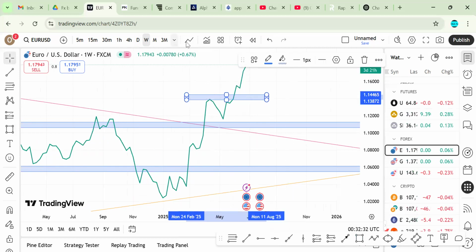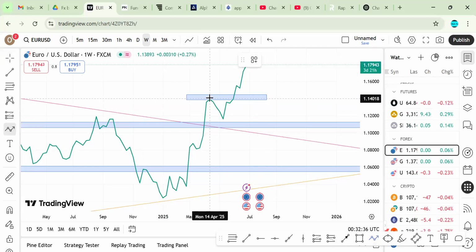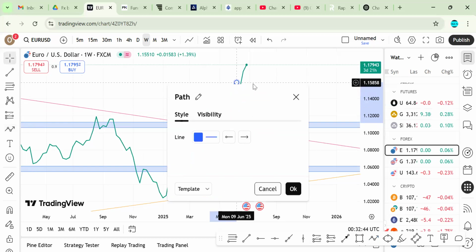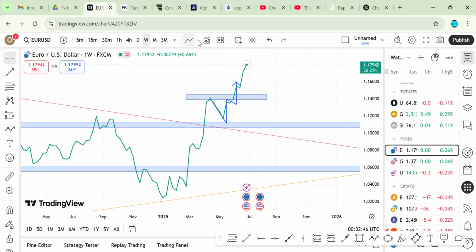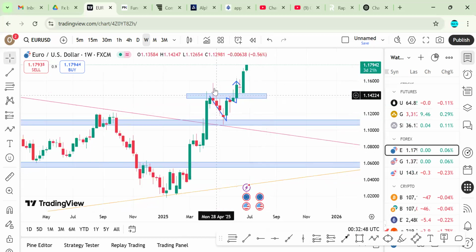Now, this is a simple structure here. If I take this, we can see that the neckline was formed, and then this was the second leg of the W.